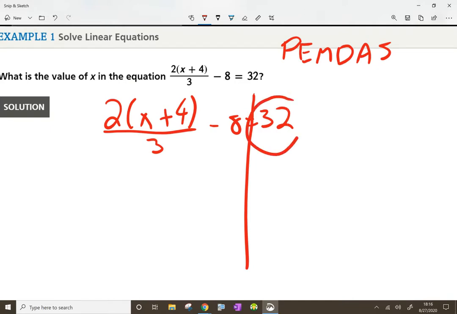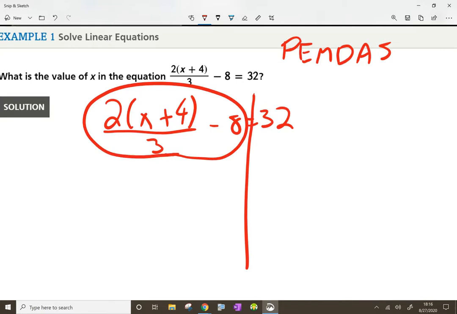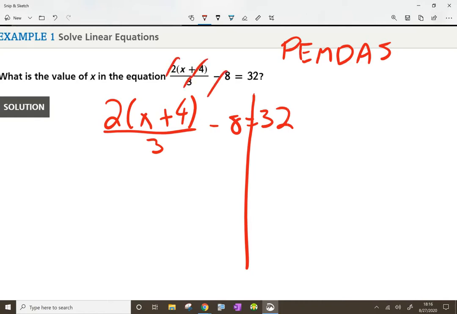And then we have the right side, which currently is just the number 32. All right. So like I said, our goal is to get rid of everything on this side so that all that's left on that side is the x. So we want to get rid of this 2, this 4, this 3, this 8. We want to get rid of all of those things so that the x would be all by itself.